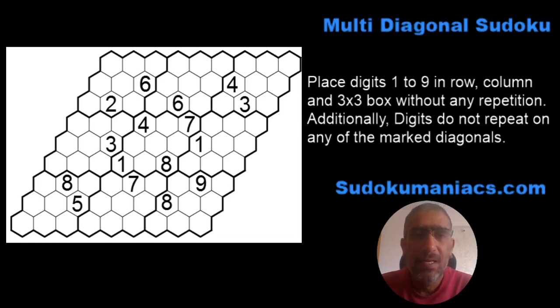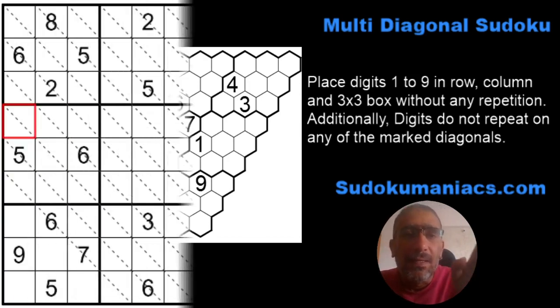This is an Iso Sudoku, or some also call it Hex, because of the hexagonal shaped cells that are there. Now, normally in a competition, when I am told that there is going to be an Iso or a Hex Sudoku, I find it difficult to focus in these hexagonal patterns. So what I do is I create a 9 by 9 classic grid, and I draw the diagonals.